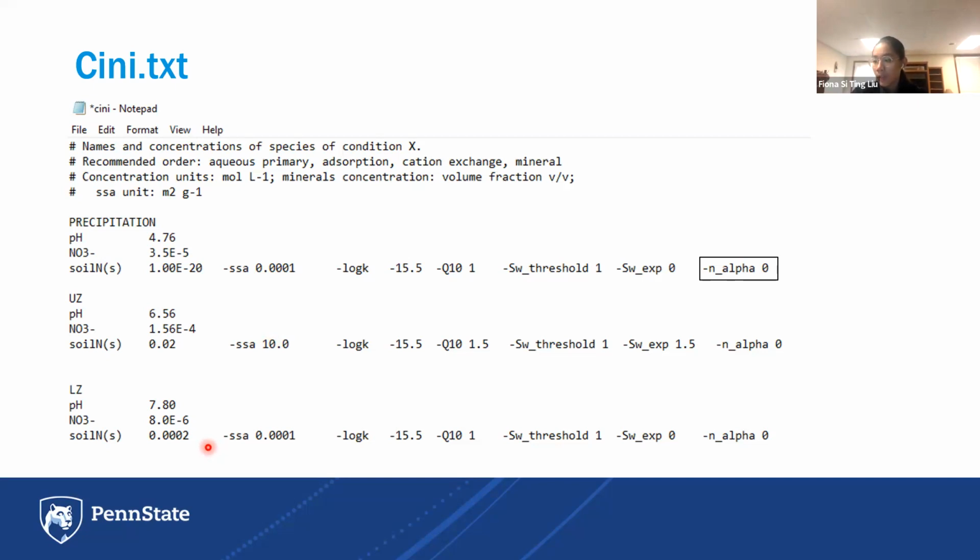Hence, in the lower zone, we have a much smaller magnitude of soil N concentration and SSA in comparison to the upper zone, emphasizing that most soil N leaching is occurring from the upper zone of the soil. The parameter values can be adjusted later via calibration processes. So these values right now are just initial values for a starting point.